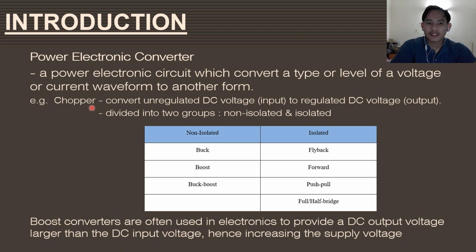For example, a chopper converts the unregulated DC voltage input to a regulated DC voltage output. Choppers are divided into two groups, non-isolated and isolated. Non-isolated examples are buck, boost and buck-boost. Meanwhile, for isolated choppers, we have flyback, forward, push-pull, and full or half bridge.